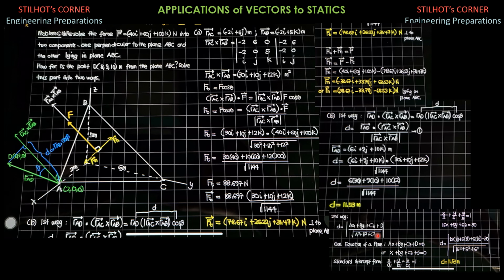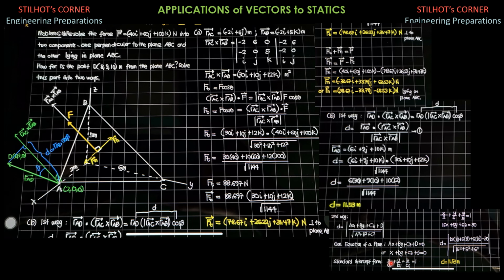Now for this general equation of a plane, if we divide everything by capital A, so that the coefficient of the first term x is 1, and B over A is another variable, I'll just call that small b, then y plus C over A is small c, z plus capital D over A is small d equals 0. So we can reduce the general equation of a plane into this form.